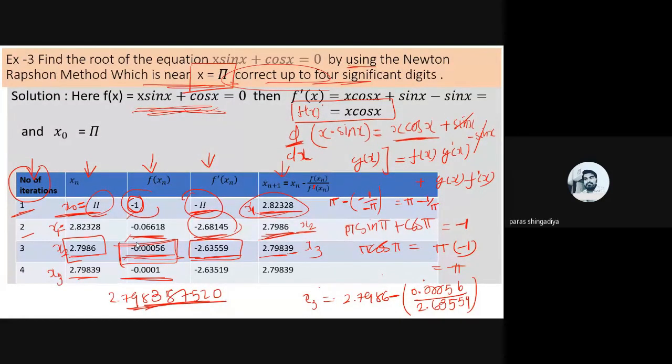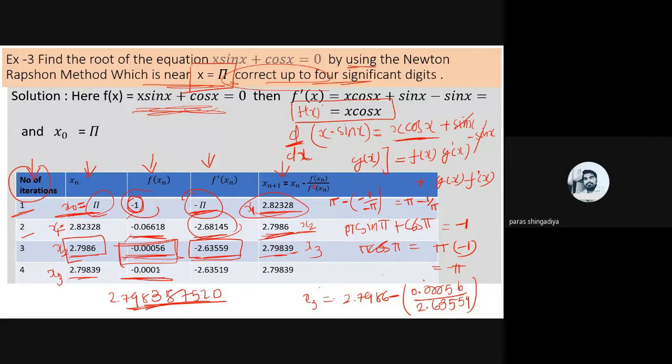That is 2.79839 into sine 2.79839, bracket over, then after plus cos 2.79839. So it will be minus 0.839 sine 2.79839 plus cos 2.79839.